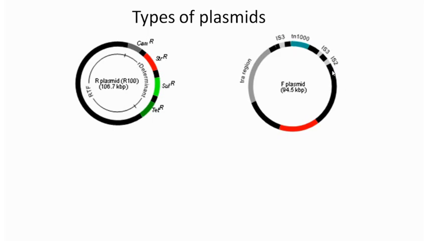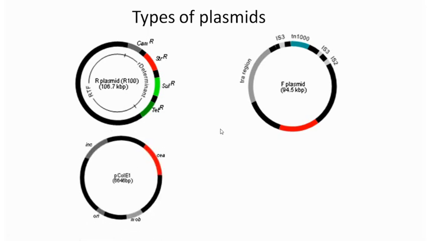They have different functions, and this plasmid is responsible for transfer of bacterial genes from one cell to the other. So they are basically responsible for recombination in the bacterial system through conjugation. This is pCol E1, the plasmid that is being used as a backbone for many different plasmid-based vectors like pUC8, pUC9, pUC18, pGEM, etc.